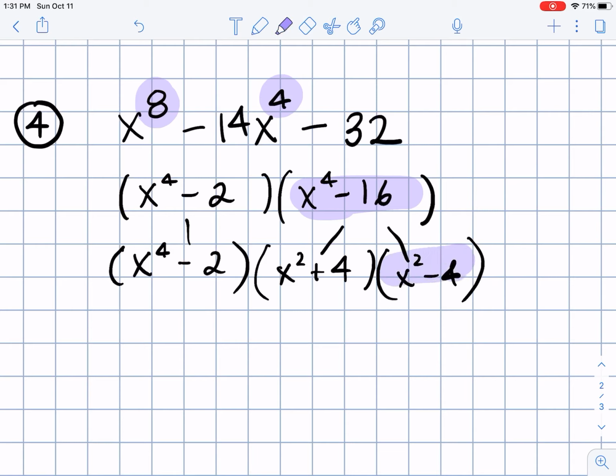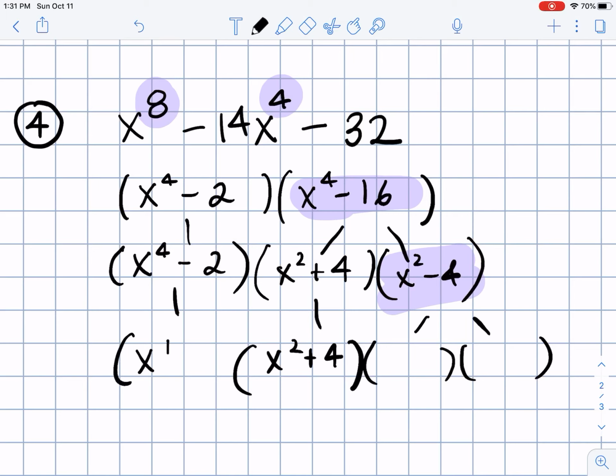I did. X squared minus 4? That is also a difference of two squares, which means I can factor that further. But I need to make sure I bring down my other factors like x to the fourth minus 2, which is not a difference of two squares because 2 is not a square, and x squared plus 4, which is not a difference of two squares because it's positive. We're adding, it's not subtracting.